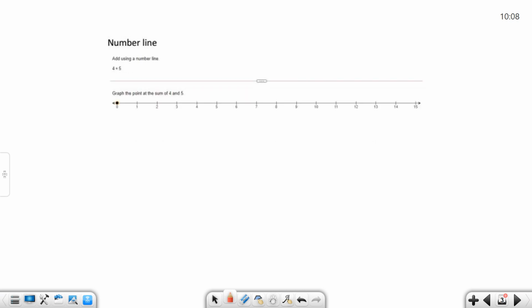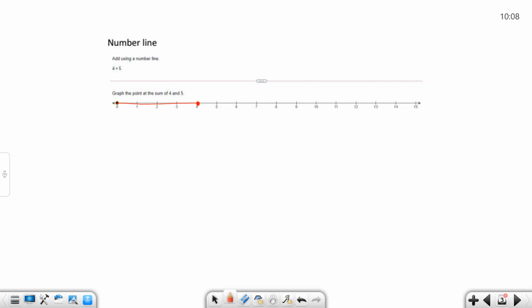They're going to ask you to add on a number line, and this is really good for students, especially the lower grade students. So if I ask you to add 4 plus 5 on a number line, what you're going to do on the My Math Lab is you're going to take this dot and you're going to pull it over to 4. So that's going to be how we get to 4.